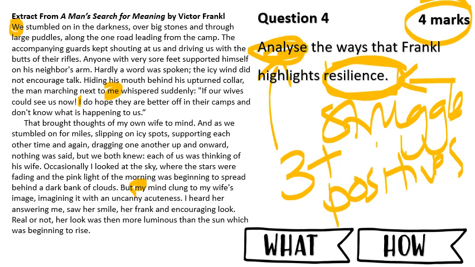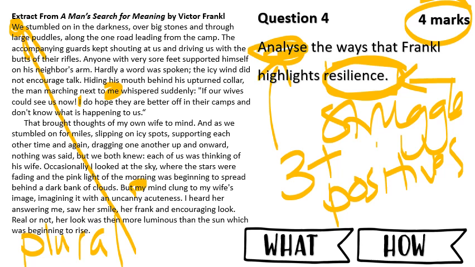So when we look at those personal pronouns, when we see the inclusive or the plural use, that creates a sense of inclusiveness, and that suggests that they rely on each other, they support each other, and through that relationship that creates resilience. So we see that he's showing us that the suffering is shared. So that could be something that you might want to write about.